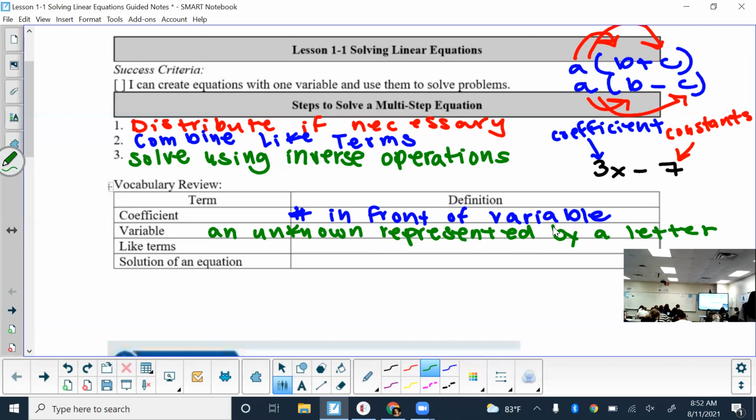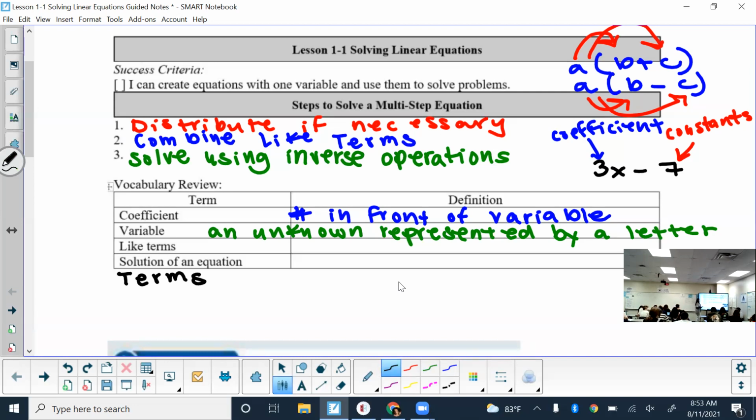All right. Now let's talk about what like terms are. So let me add a vocab word if you can fit this into the bottom of your list. Sorry, there may or may not be a lot of room. But first, let's talk about what terms are. So in this example that I have up here, the 3x minus 7, how many terms do I have? I don't have one term. I have, yes, two. That's two terms.